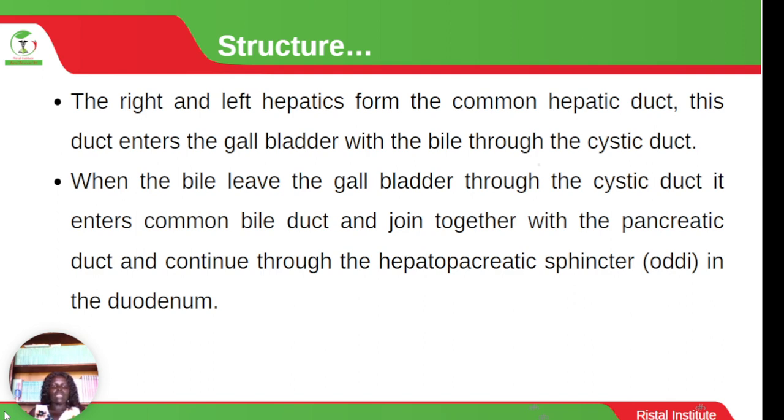This duct enters the gallbladder with the bile through the cystic duct. When the bile leaves the gallbladder through the cystic duct, it enters the common bile duct and joins together with the pancreatic duct and continues through the hepatopancreatic sphincter, or what is called the sphincter of Oddi, in the duodenum.